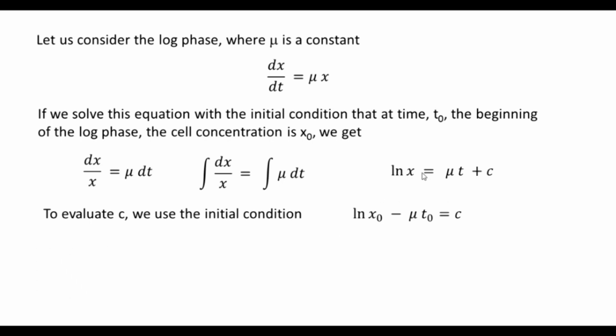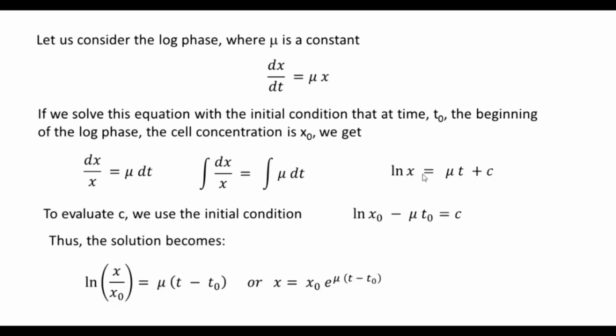If you substitute it back into the expression here, the solution becomes ln x equals mu t plus ln x0 minus mu t naught. If we combine similar terms on either side, then ln of x minus ln of x naught, which turns out to be ln x by x naught, since ln a minus ln b is ln a by b, equals mu into t minus t naught, taking mu common.